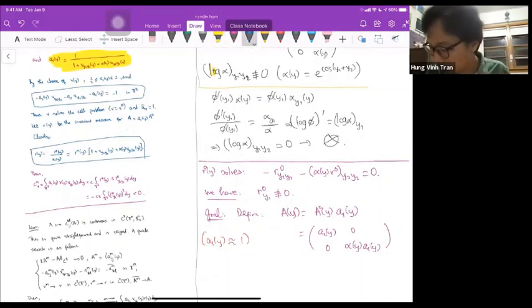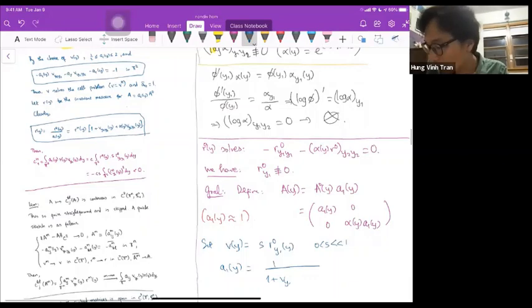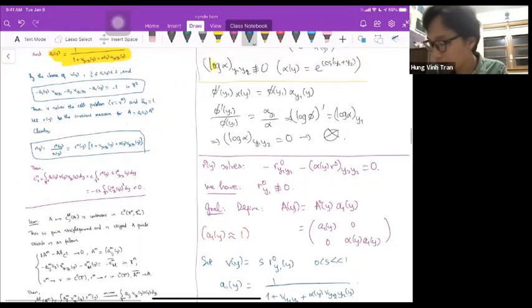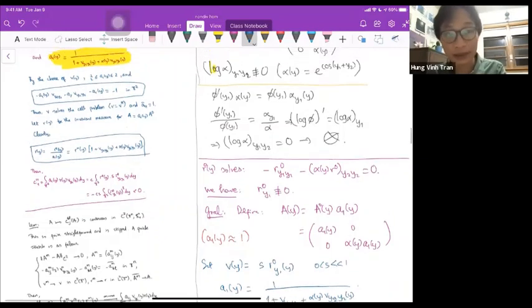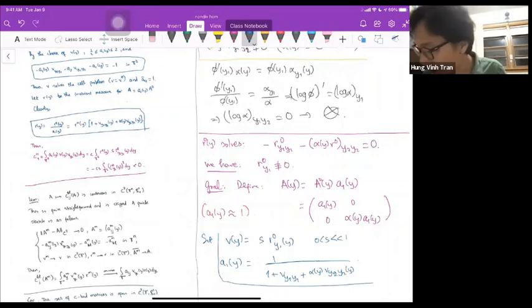So we set v of y equals a tiny constant s times R naught of y1 in y, for s very tiny, and we set a1 of y to be 1 over 1 plus v_y1 y1 plus alpha y v_y2 y2. I'm copying it from the left to the right so that you can see it bigger. So those are our choices, and I will explain why.